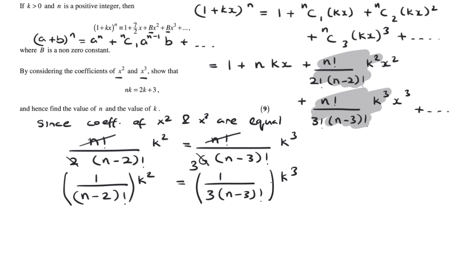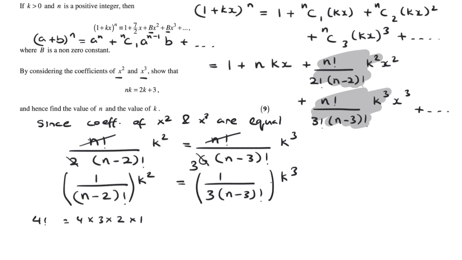Now, what else can we do to further simplify? I don't like my factorials over here. One thing we know about factorials is that you end up multiplying backwards. For example, say you have 4 factorial, you go 4 times 3 times 2 times 1, so you're taking away 1 each time.